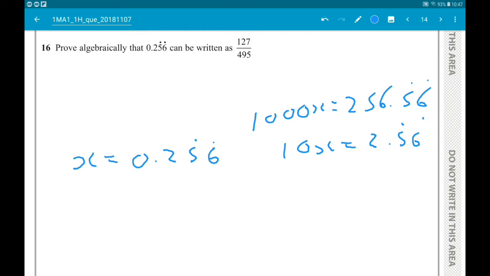Now we can lop off the recurring part using subtraction. So we now do 1000x take 10x, which is 990x, is equal to 256.56 recurring minus 2.56 recurring, so that's just 254.